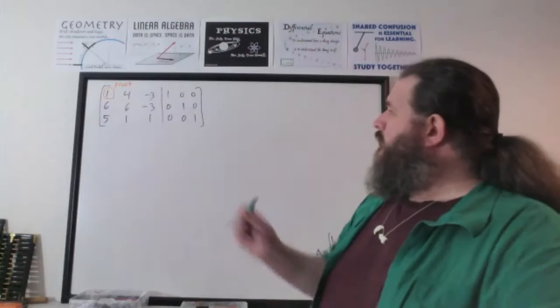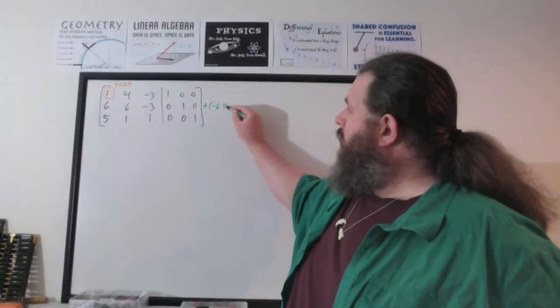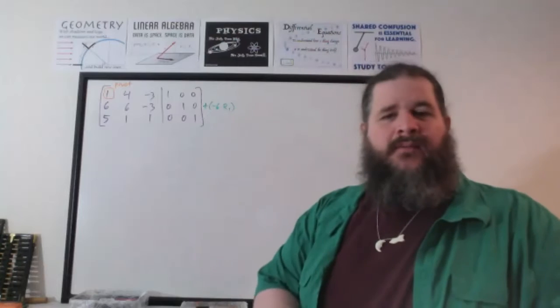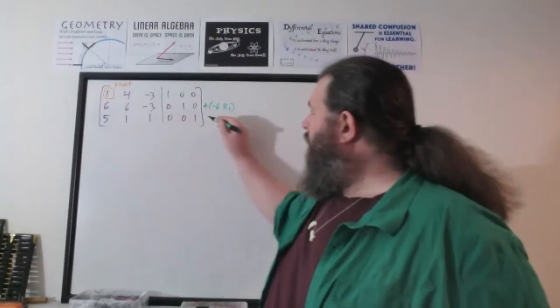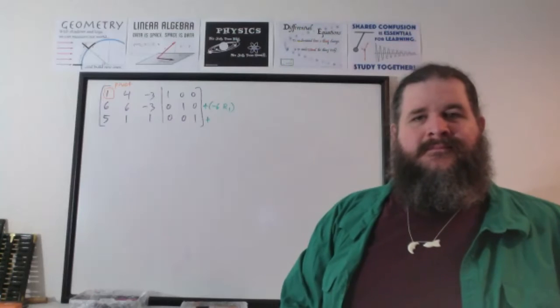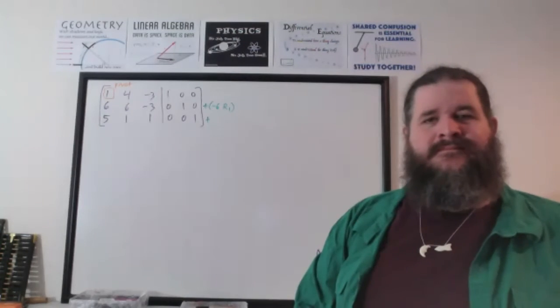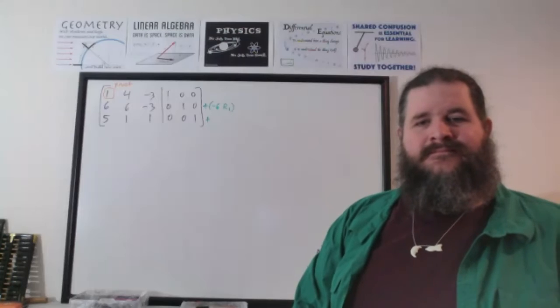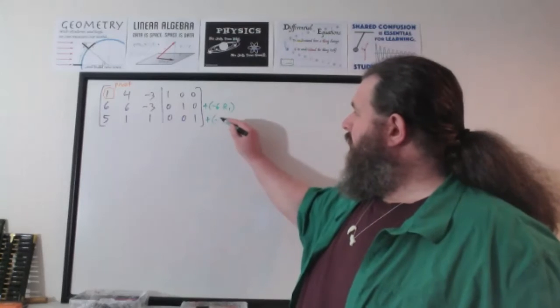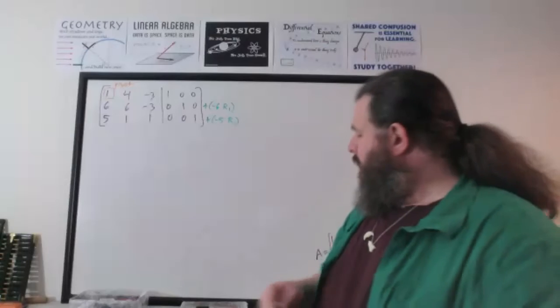So modifying row 2 by adding -6 times row 1. And in the same step, we may as well also cancel out this 5 by adding what to row 3. Yeah, if we add -5 times row 1, that'll cancel out the 5 there.